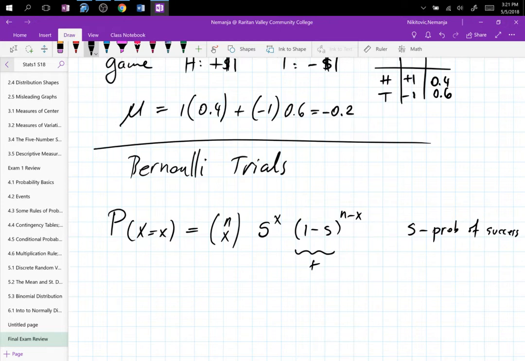So you have the probability of success and the probability of failure. It's important that those two probabilities remain the same during each independent trial that you do, and it's important to have only two outcomes, true or false. You succeed with a certain probability, you fail with a certain probability, which remains constant from one trial to another. So that's that part. And with this, you can find some cool probabilities.